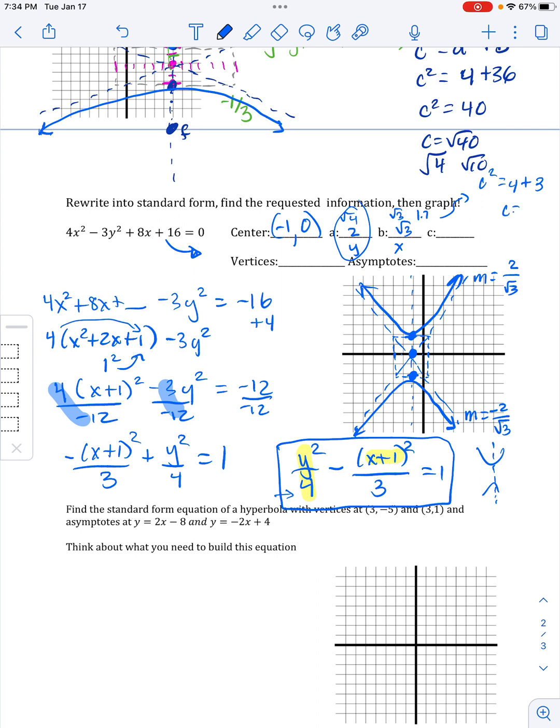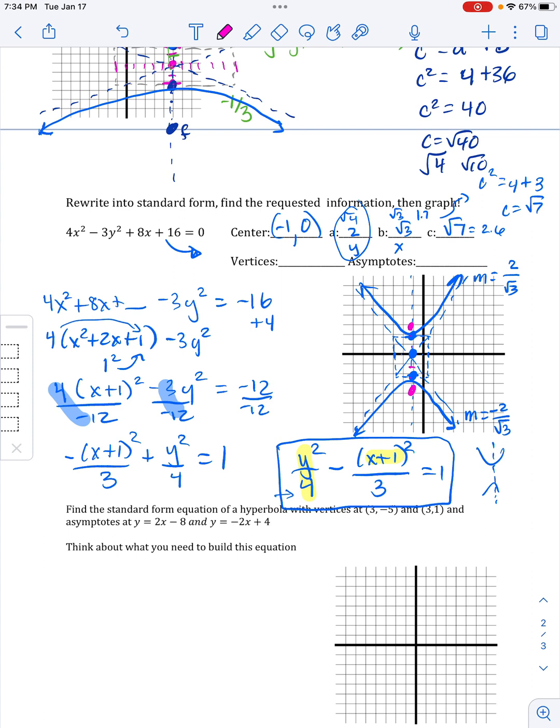So we end up with c equaling the square root of 7. And the square root of 7 for graphing purposes is about 2.6. So to graph those foci, I'm going to go from my center up 1, 2.6, and down 1, 2.6. So they barely land inside of those hyperbola branches, but they're in there.